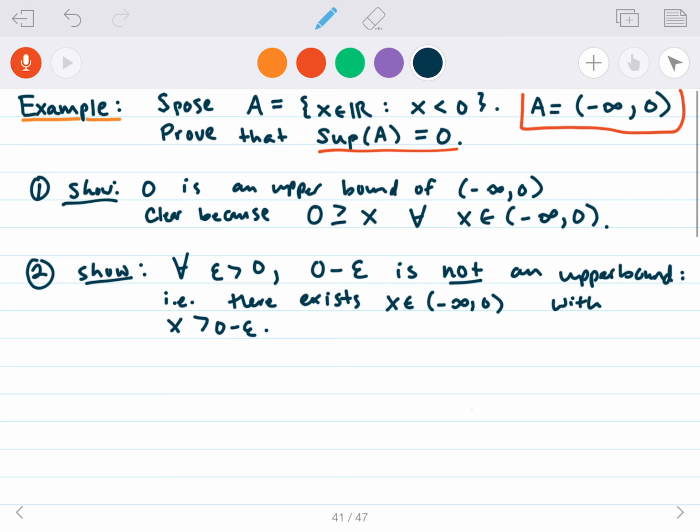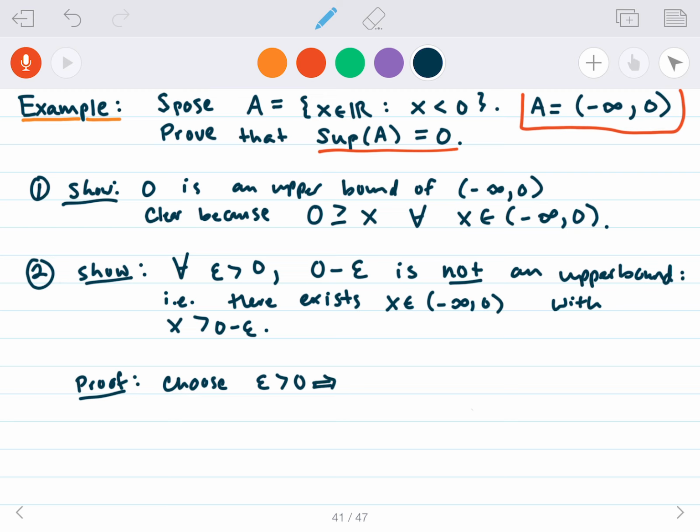So the idea here is we want to just pick a random epsilon, right? So the proof here is we want to just choose an arbitrary epsilon greater than 0. Well, same trick as before.